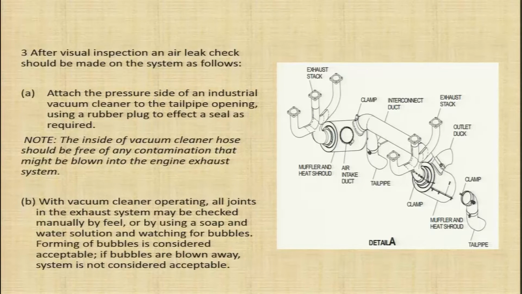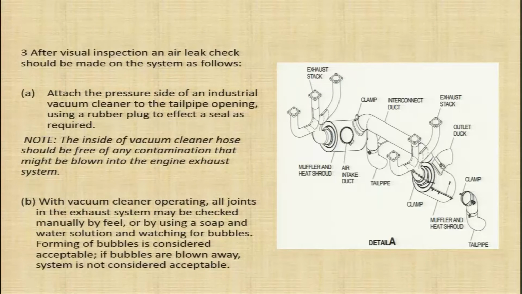With the vacuum cleaner operating, all joints in the exhaust system may be checked manually by feel or by using a soap and water solution and watching for bubbles. So, once we are providing pressure in the system, and it is all sealed, we need to check all the joints by using a soap and water solution and watching for bubbles, or we can also manually feel it.